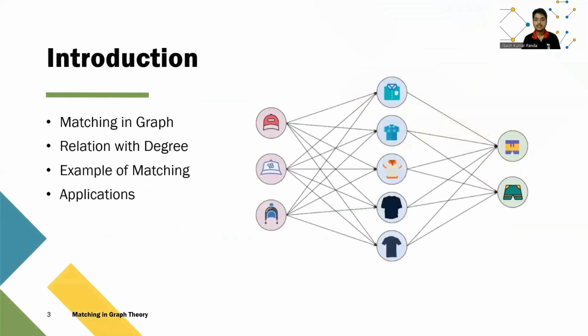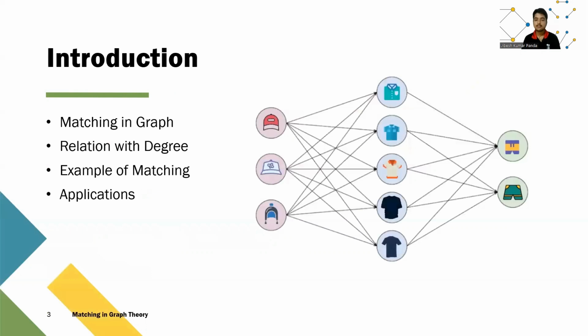So in the introduction, we can see this illustration where there are some possibilities of caps, some possibilities of t-shirts, and some possibilities of shorts. So for any person to wear any combination of these, he will have to match any of the caps and connect it with any of the available t-shirts, forgetting the rest, and also connect it with any of the available shorts.